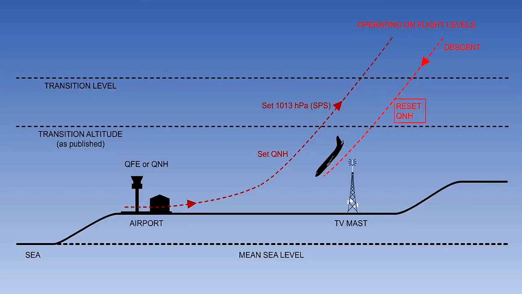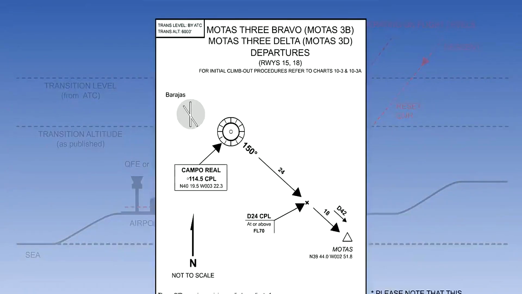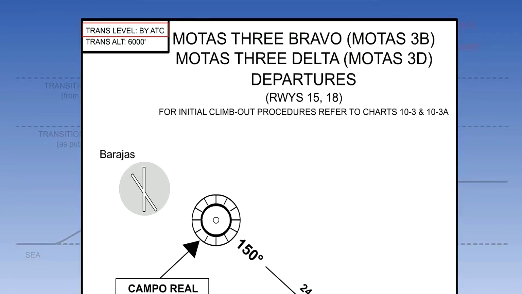The reason is obvious: your altimeter must be set to the datum you are using at the time. Near the ground on the climb, this is QNH, which is an altitude. Therefore, it must be an altitude, not a flight level, which prompts you to set standard pressure setting. On the descent, however, you have flight levels set as your datum. Therefore, it must be a flight level, not an altitude, which prompts you to reset QNH.